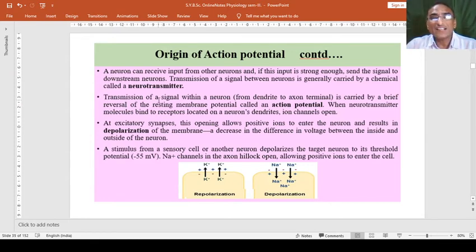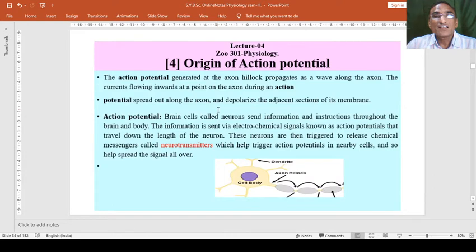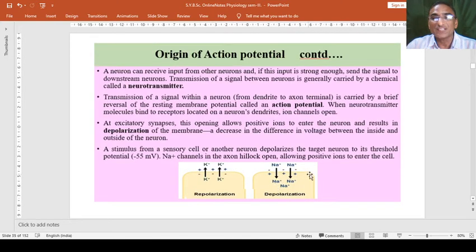repolarization and depolarization. In the last topic we have seen that the potential spreads along the axon and depolarizes the adjacent section. Suppose this is the nerve cell and this is the axon.